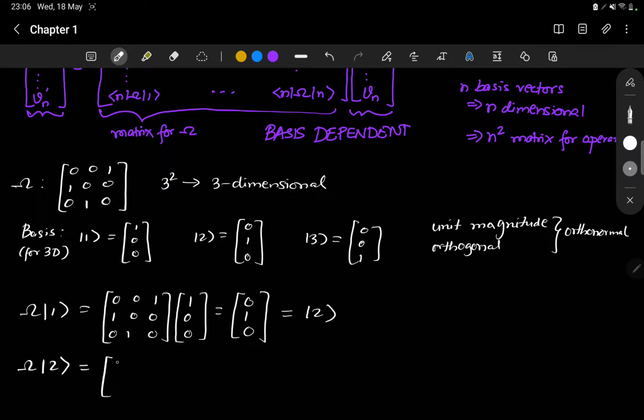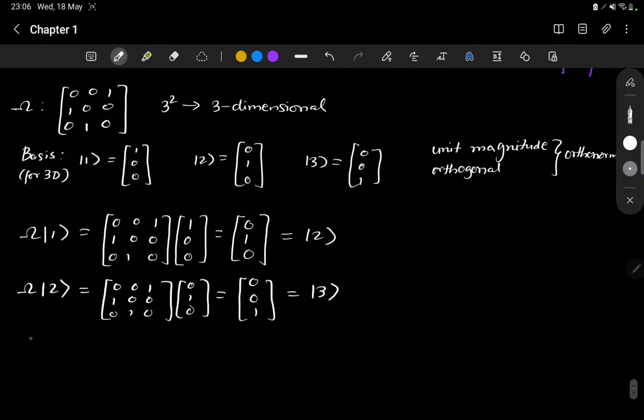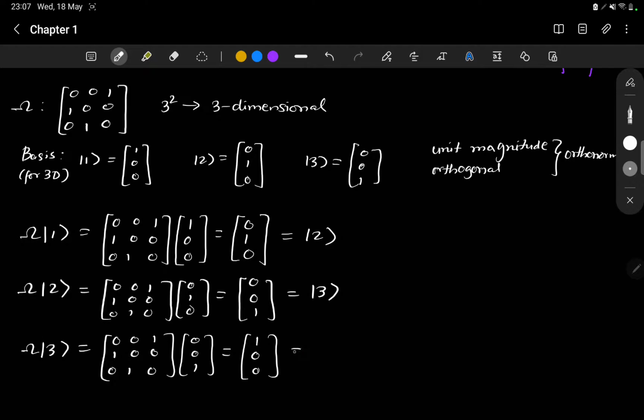Omega acting on the second basis vector is nothing but the third basis vector, and finally omega acting on the third basis vector is nothing but the first basis vector.